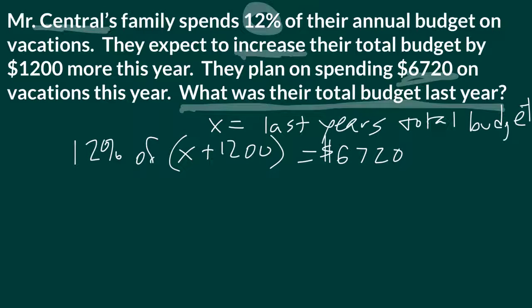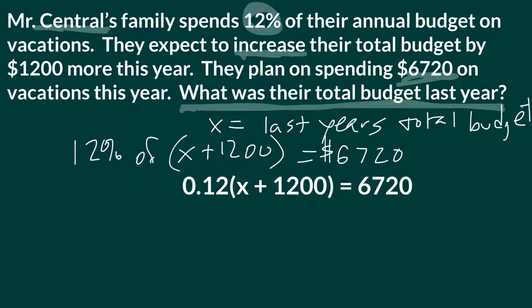Well, this part here would be done by converting the percent to a decimal and multiplying this by the result, which would look like this. So this is 12% as a decimal.